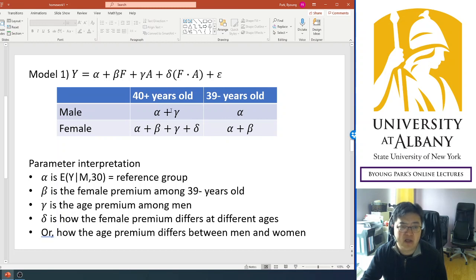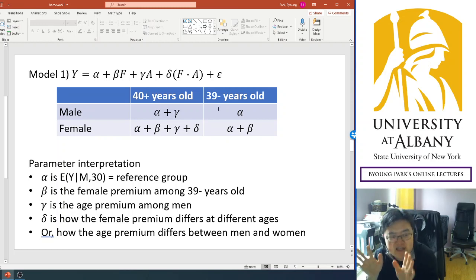But in the older generation, the female premium is beta plus delta, right? So therefore, delta captures the difference in female premium across generations.